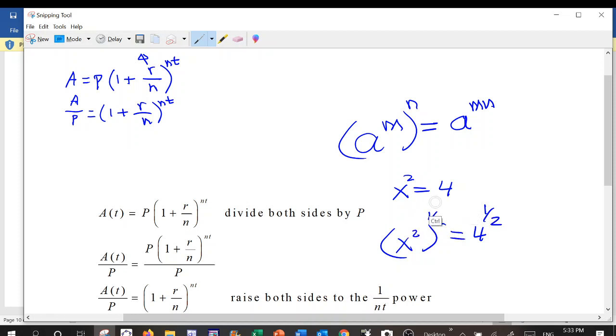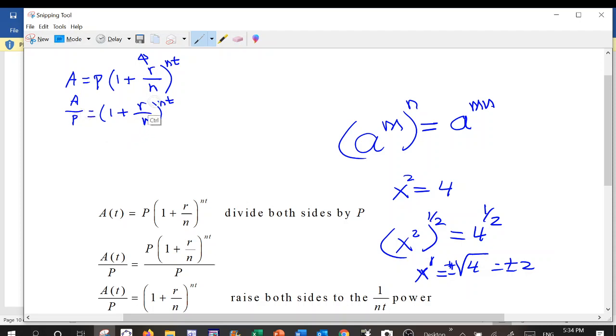Because raising to 1/2 is like a square root. And notice that 1/2 times 2 is 1, so it's x to the first power equals the square root of 4. Of course, if we take an even root, we have to put plus and minus. So x equals plus or minus 2.